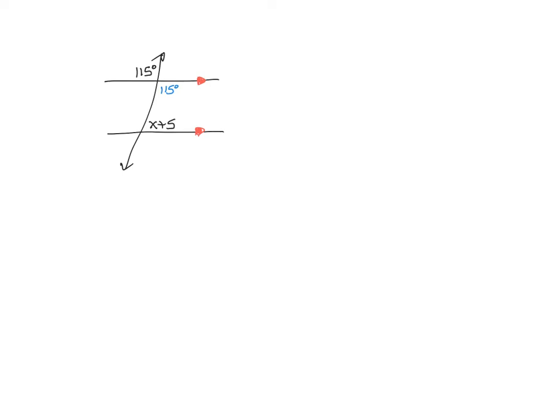So you could do that, or you could do linear pair and go sideways with the 115 or down, but 180 minus 115 is 65 degrees. And so you could make, like that one 65 degrees, or that one.